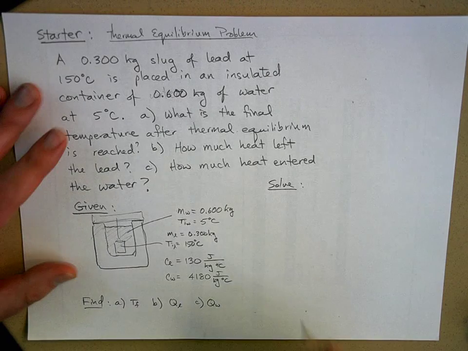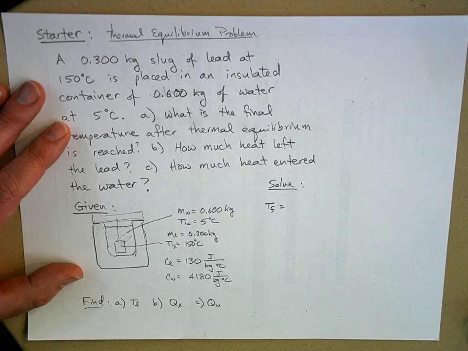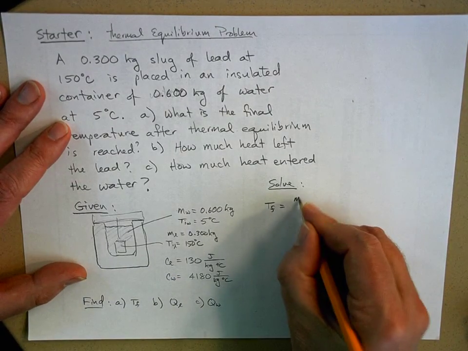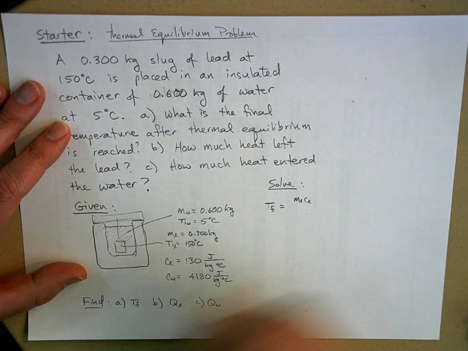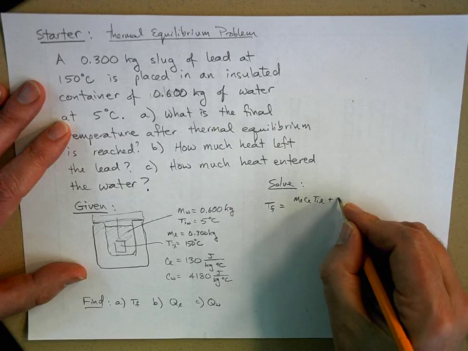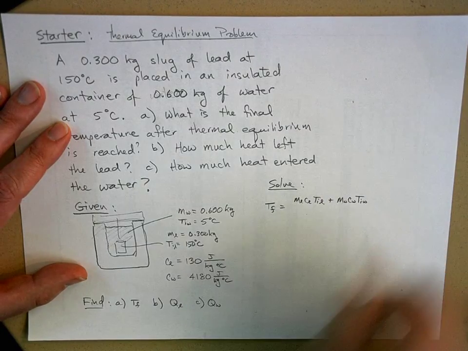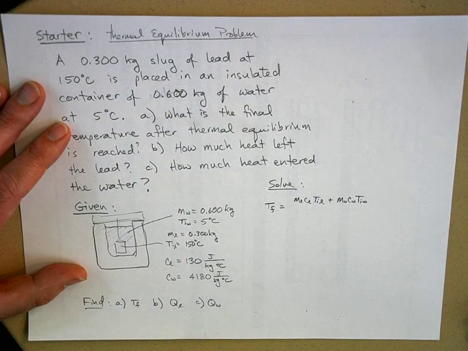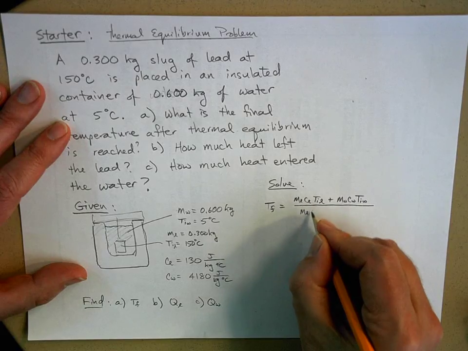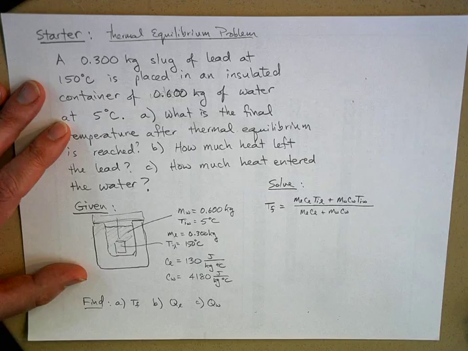If you look at the lecture on thermal equilibrium, the final temperature for something like this is going to be M_L C_L for the lead times the initial temperature of the lead, plus M_W C_W times the initial temperature of the water, divided by the mass of the lead times the specific heat of the lead, plus the mass of the water times the specific heat of the water.